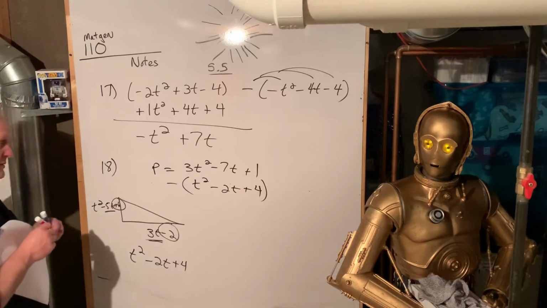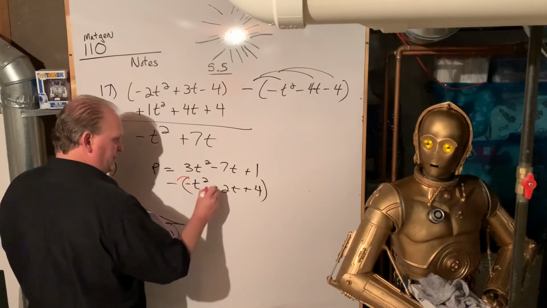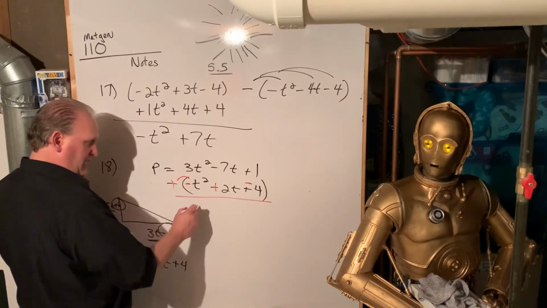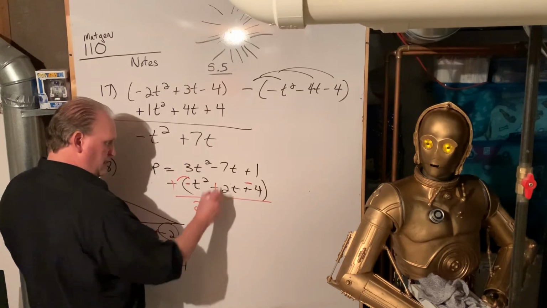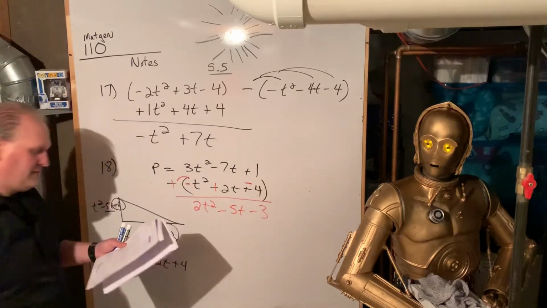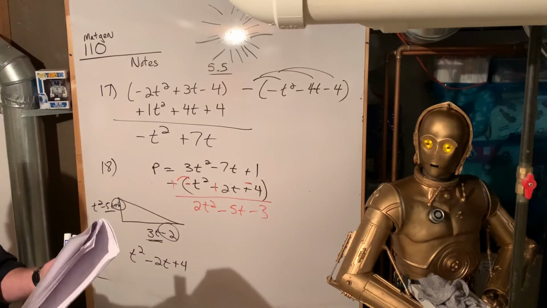So now what I'm going to do is distribute the negative. And I'll make that a plus. So then what do we have? 2t squared minus 5t minus 3. So that's a pretty difficult problem. It's very abstract. All right.